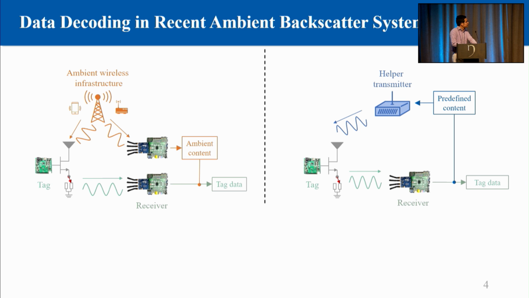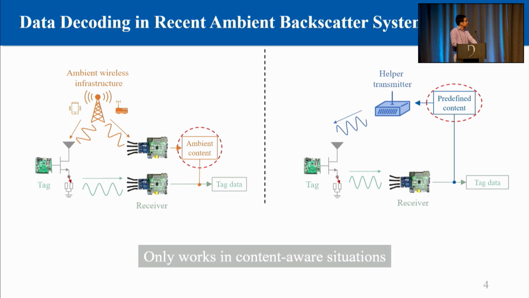They either use an auxiliary receiver to get the ambient content, or use signals from a helper transmitter that sends predefined content. Then they demodulate the tag data with the help of ambient content. Working only in content-aware situations is a barrier to their use in IoT applications.